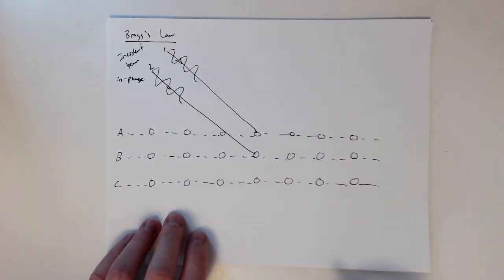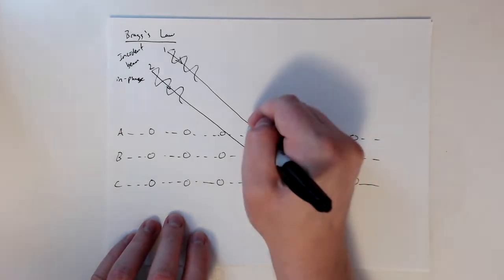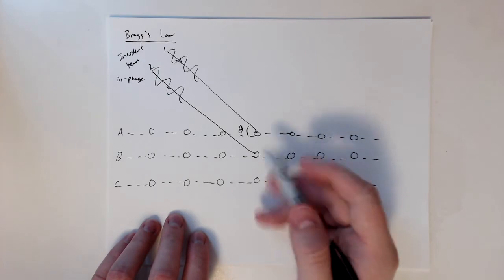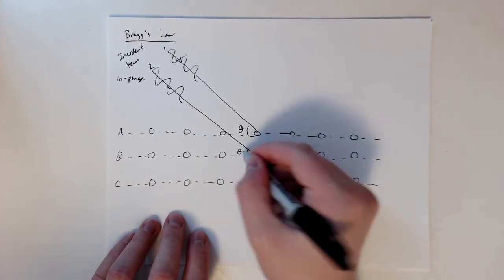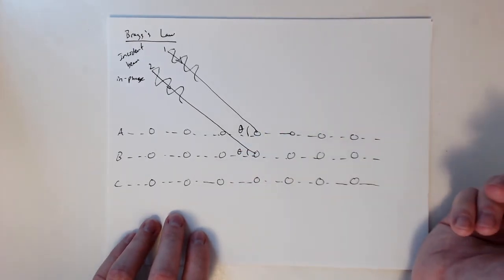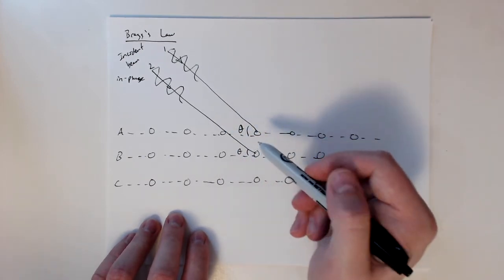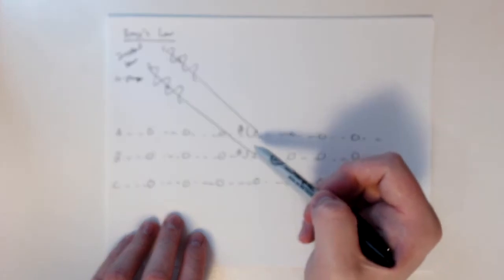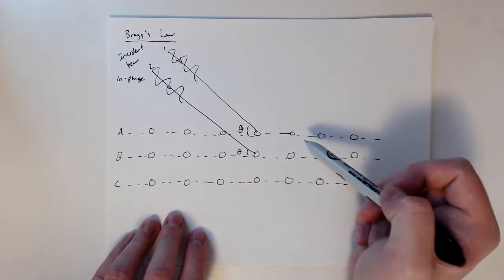This angle with respect to the material is known as theta, some arbitrary angle from the incident beam to this plane.